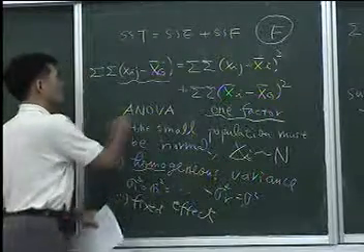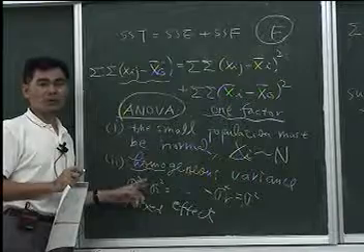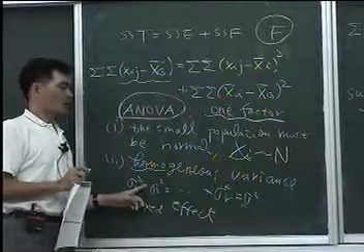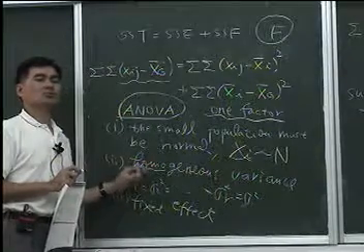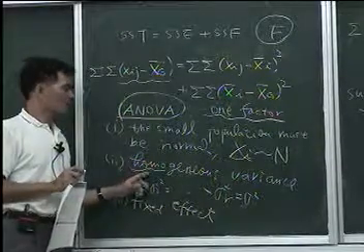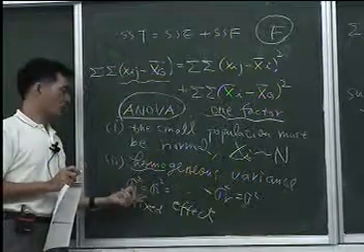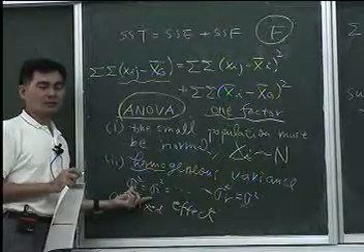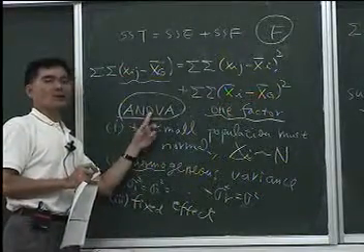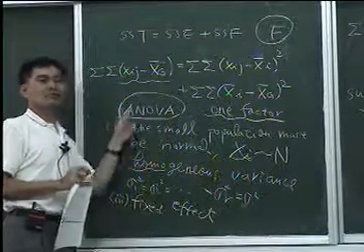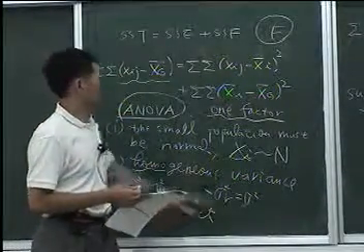If the variances are not the same, you cannot use ANOVA. You want to remember this. If I want to make a question more complicated, I won't tell you which method to use. I will tell you to test first whether the variances are the same or not. If they are the same, then you can use ANOVA. If they are not the same, can you use it? No, okay? Okay, let us move on.